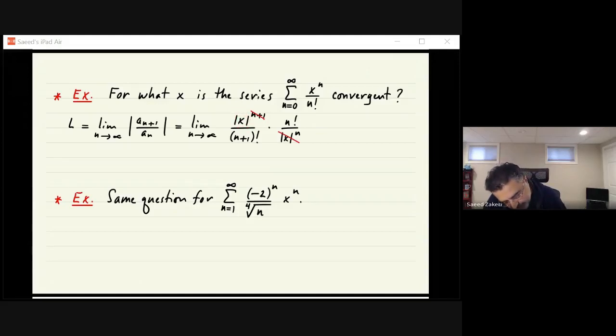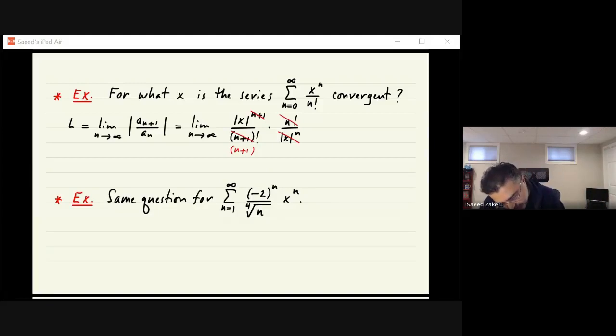And n factorial simplifies with n plus 1 factorial. It leaves only a factor of n plus 1 on the bottom. Because n plus 1 factorial is the product of all numbers from 1 up to n plus 1, which is the product of all numbers from 1 up to n, namely n factorial, times n plus 1. It has only one extra factor.